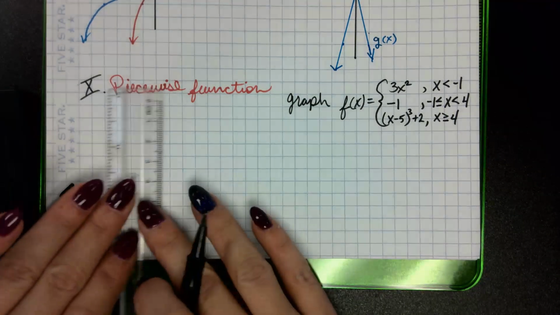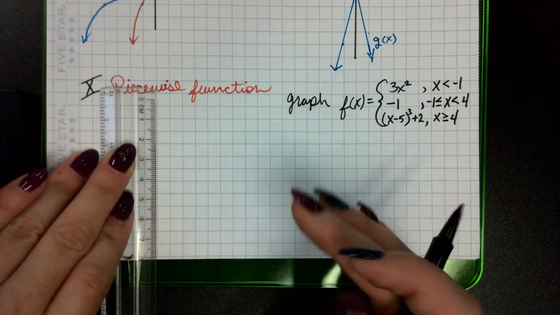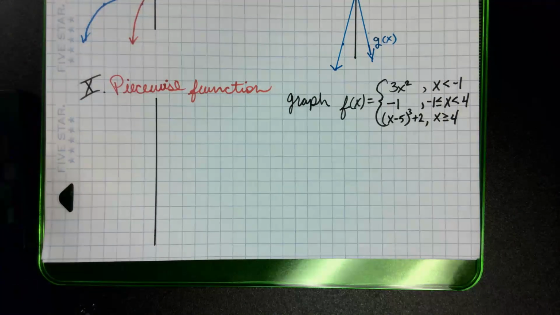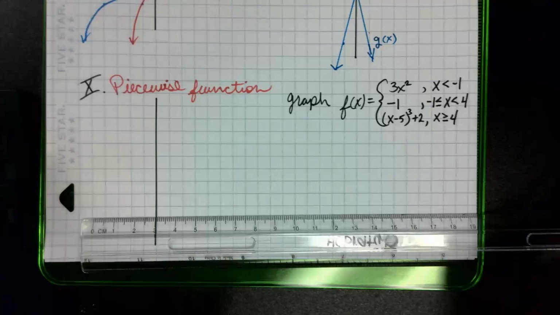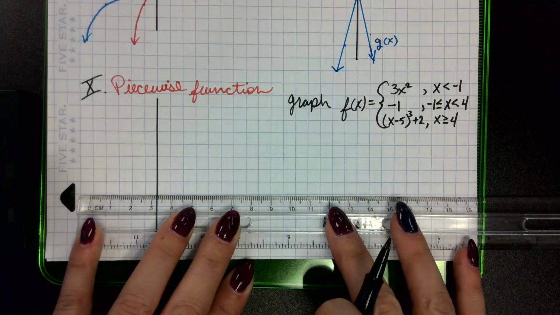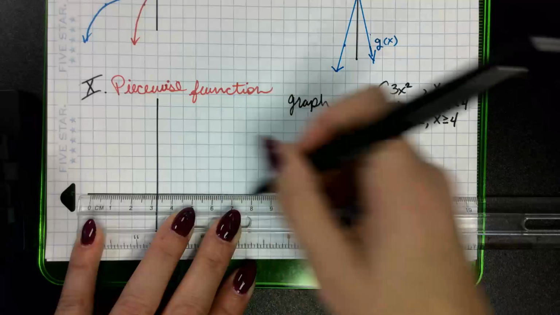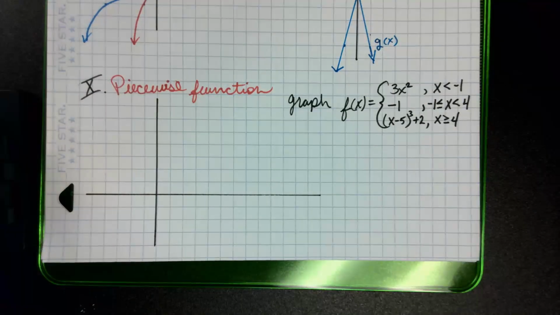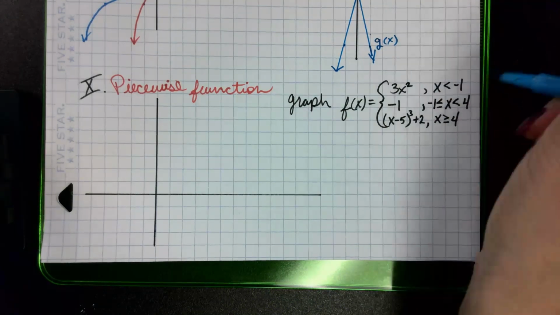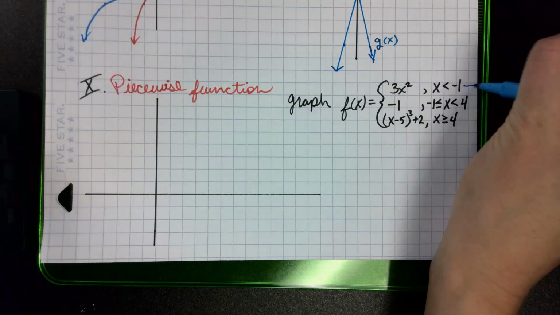We're going to graph that. And you just take out one piece at a time to graph it. So first I'm going to start left to right. So the furthest most left part is this one.